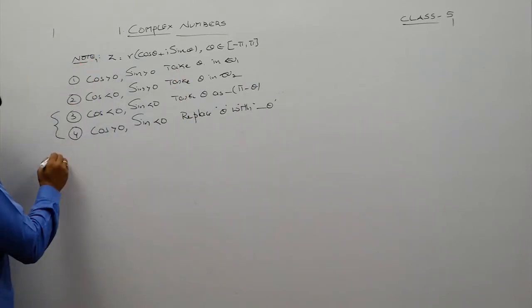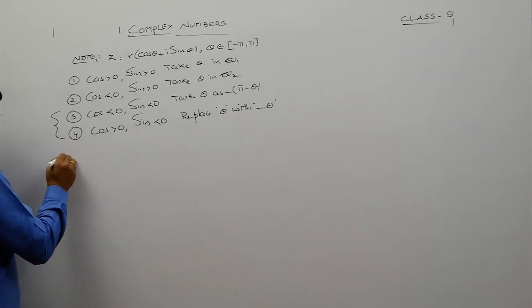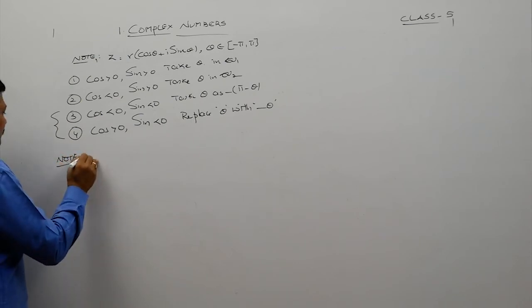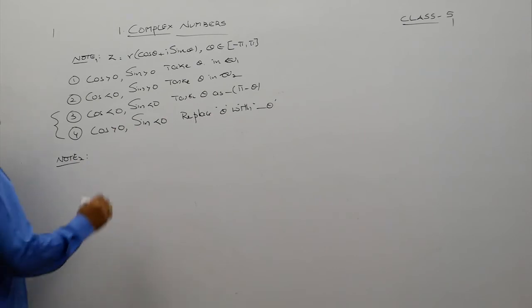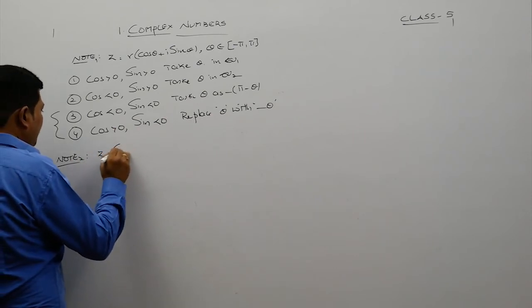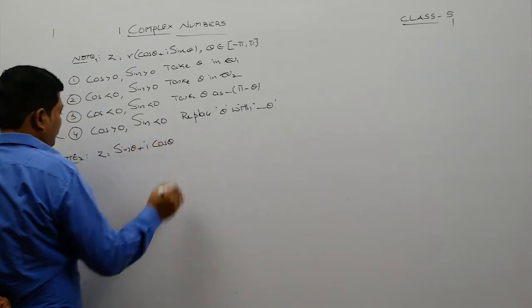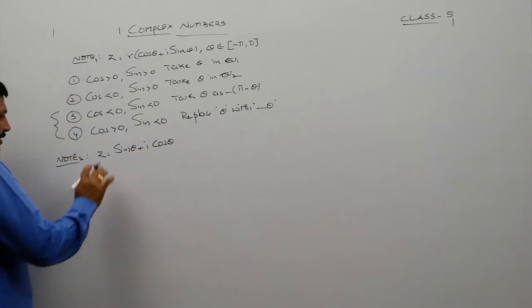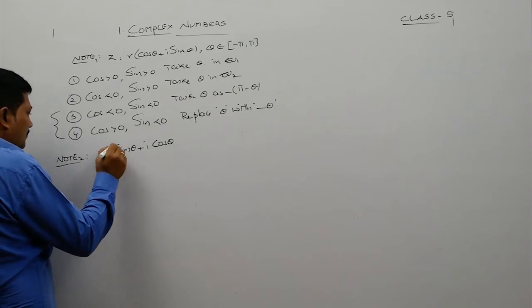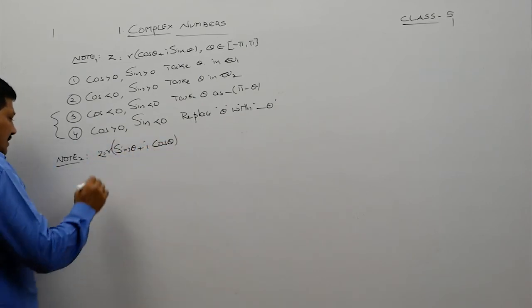So note 1. Here comes another one, note 2. Suppose z is equal to sine theta plus i into cos theta, or we can write z is equal to r into sine theta plus i cos theta.